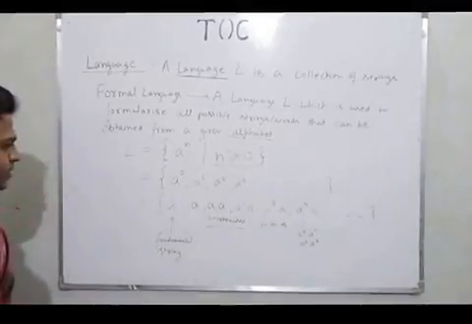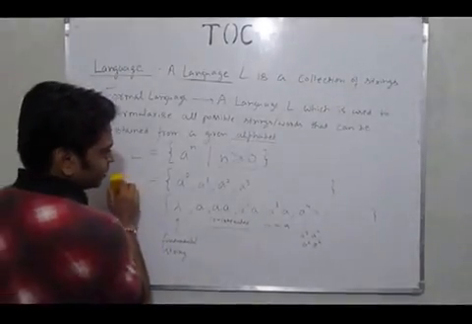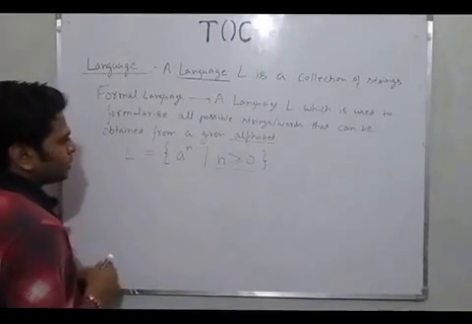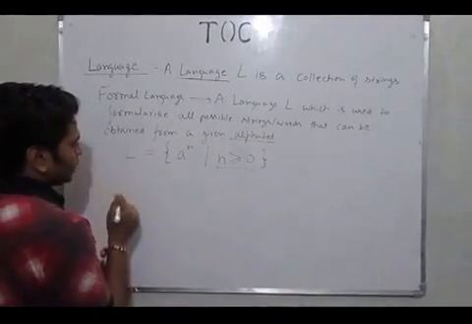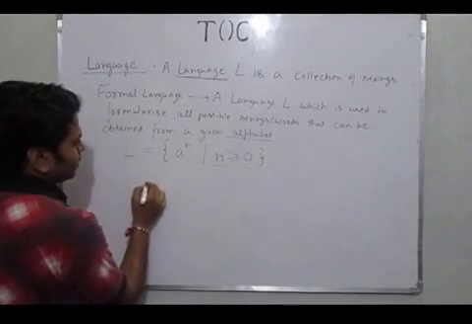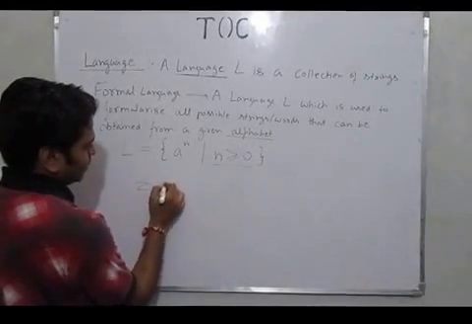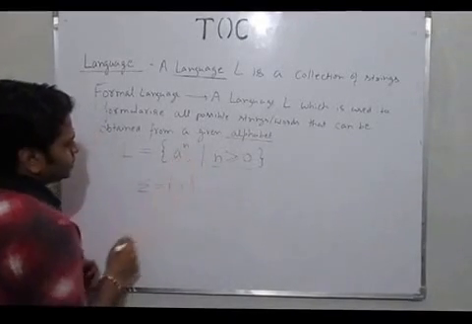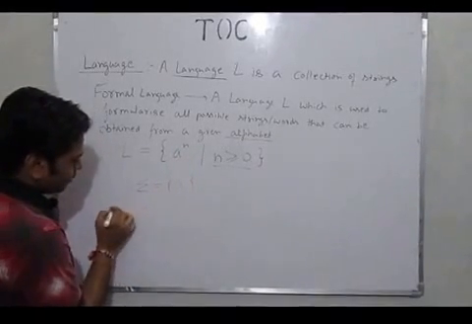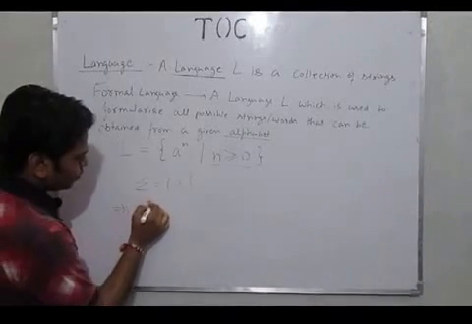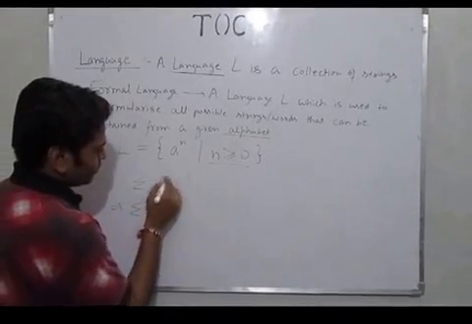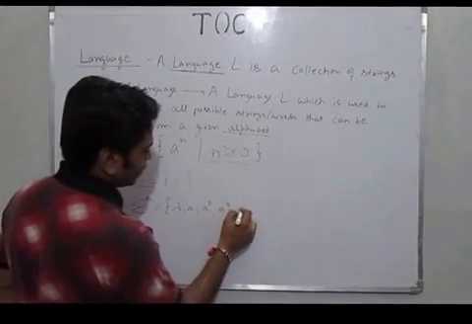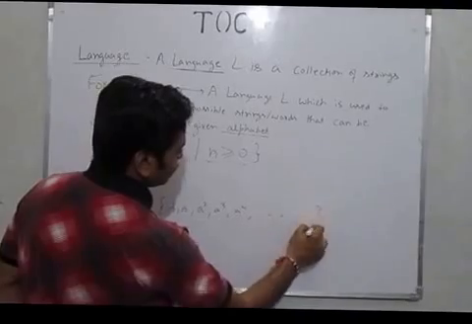So we can say that we have an alphabet as a in this case, and if I apply a Kleene star over it, it will also generate lambda, a, a square, a cube, a4, and so on.